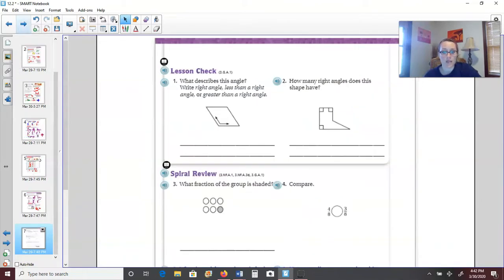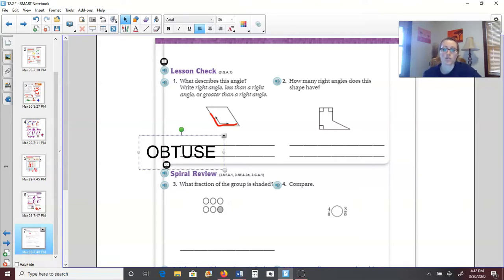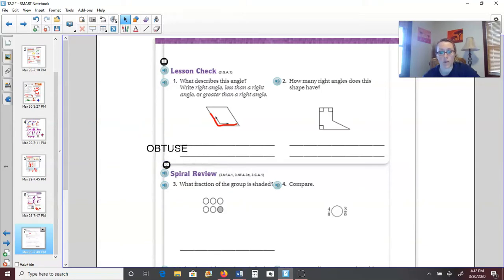All right, next page. Last one, lesson check. What describes this angle? So this big angle here, look at it, guys. It's opening up very big. What kind of angle would that be? Shout it out if you know it. Obtuse. Yep, it's an obtuse angle, or maybe you said greater than a right angle.